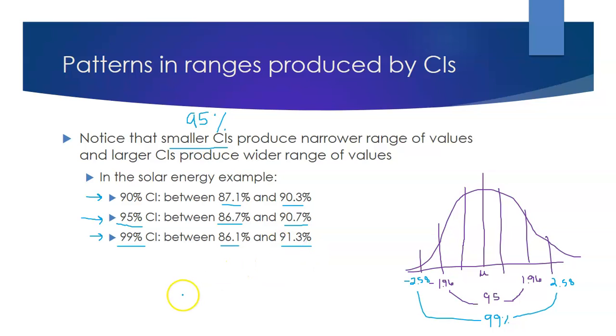If we think about our range of values, we'll put mu in the center. We're thinking about this as our normal curve, I'm just not drawing the curve above it.